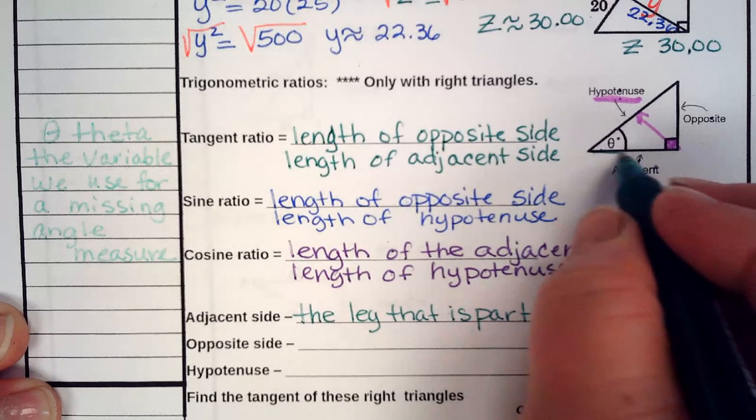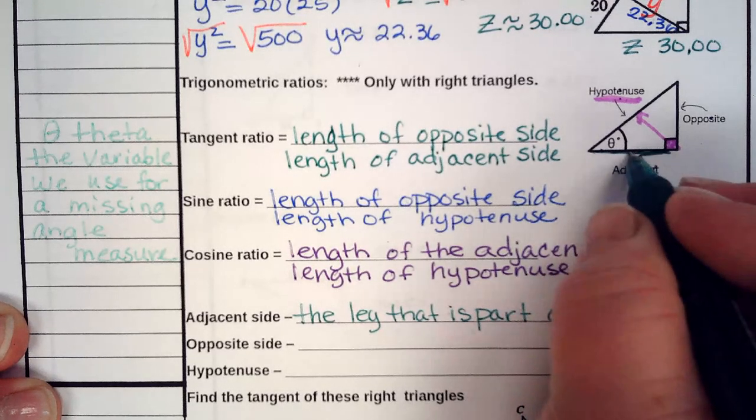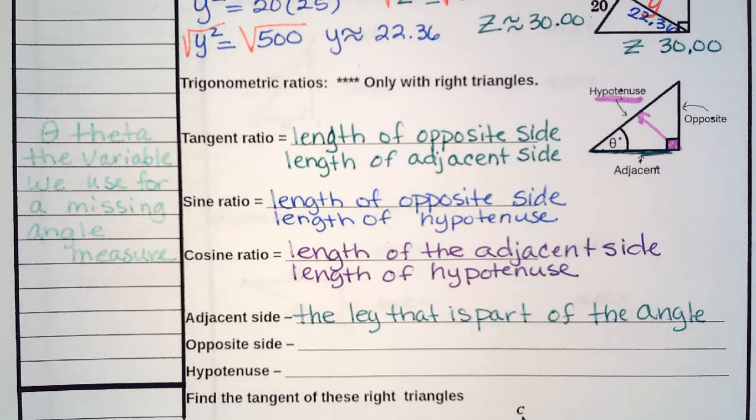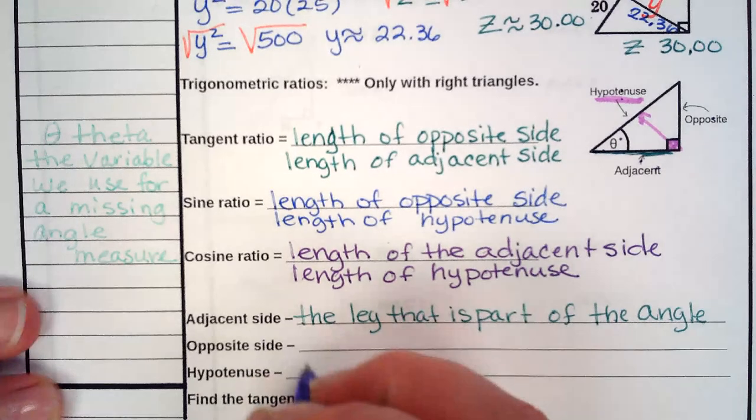So if you look up here, this is adjacent. See how it goes into our angle theta. So the opposite side is the leg that is not part of the angle.